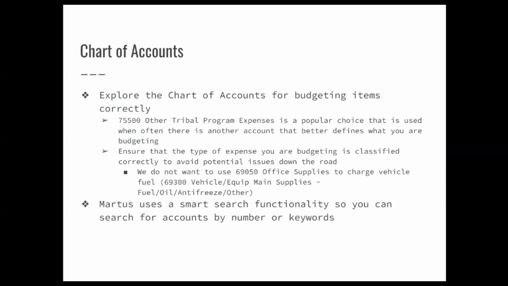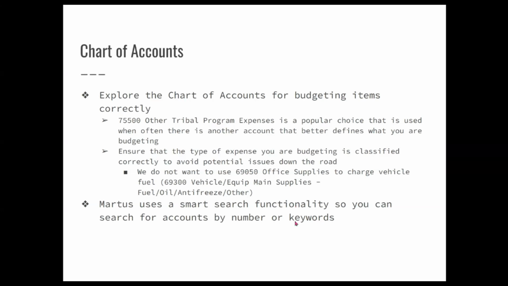We want to make sure our expenses are coded correctly and visible and accurate with the way that we're reporting them. I'll give an example here. We're not going to use office supplies to charge vehicle fuel. You'd want to use the actual vehicle fuel, oil, antifreeze line item for that.